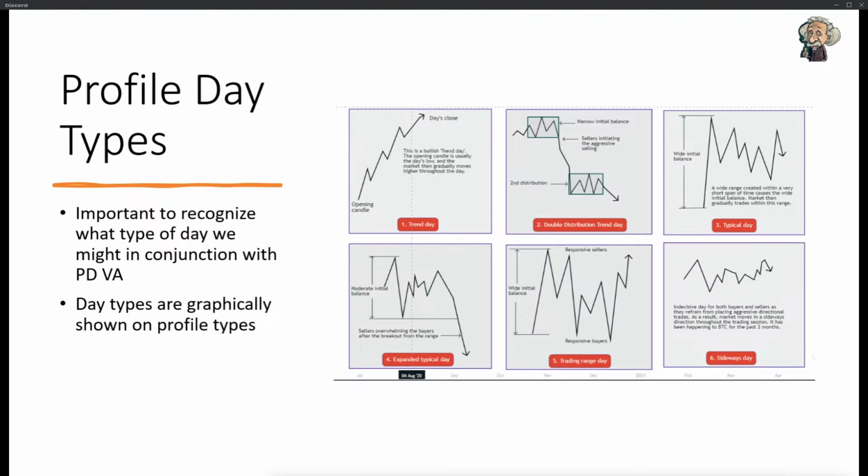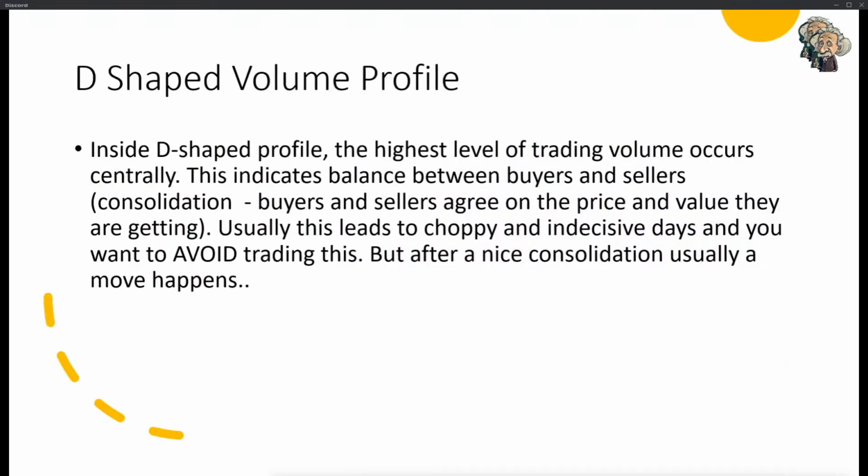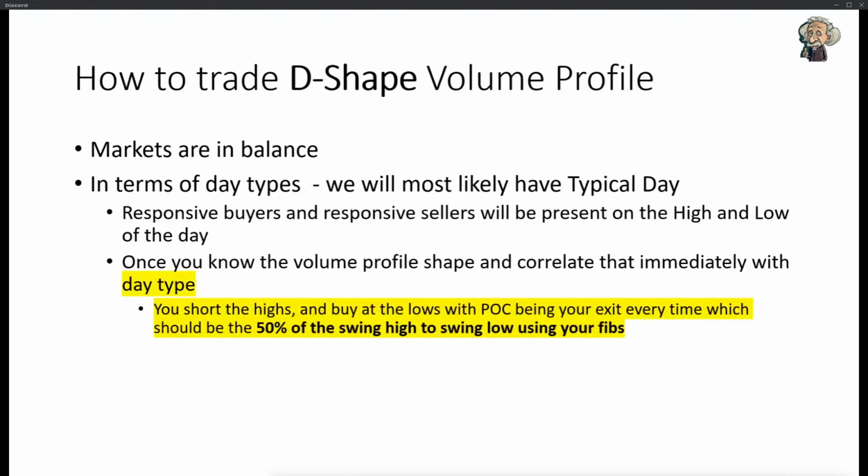Then you have a double distribution day. And in the PowerPoint here, I do cover each type of day and how you play them, right? What are they? I'm not going to go through these one by one, just because literally everything I say would be reading off the slides that I put together. There's no value for me to spend 30 minutes when you guys can do that on your own, figure out what's in it, and go look for these and chart them.